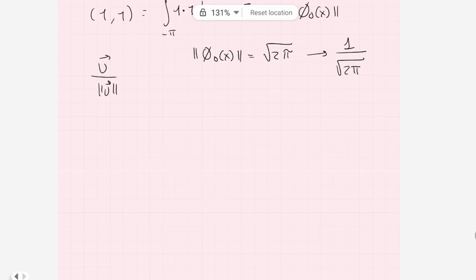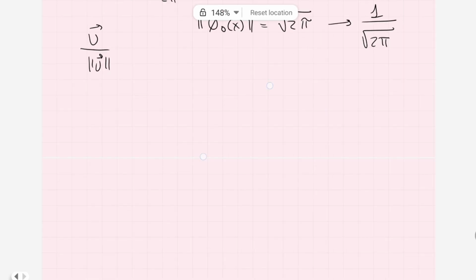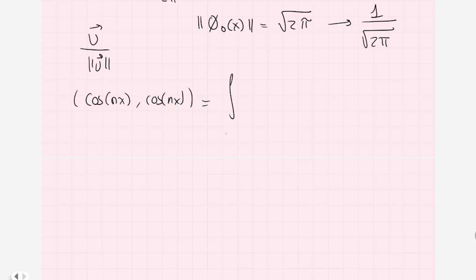Perfect. So now we need to take a general element of the set and take the inner product of that element with itself. For example, let's take cosine of nx with cosine of nx. This will be the integral from negative pi to pi of cosine squared of nx dx.